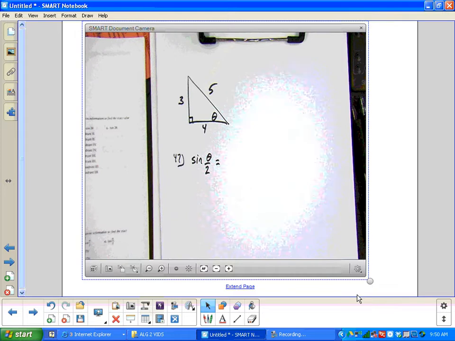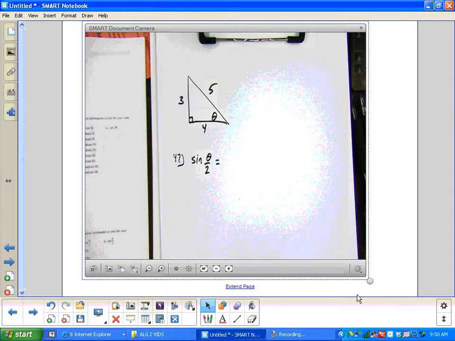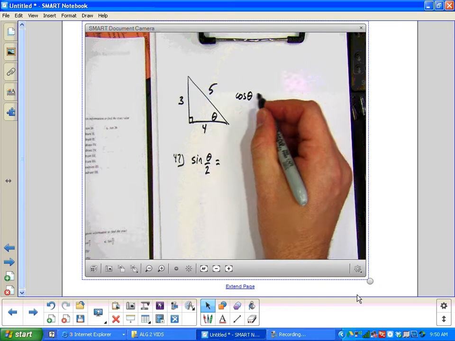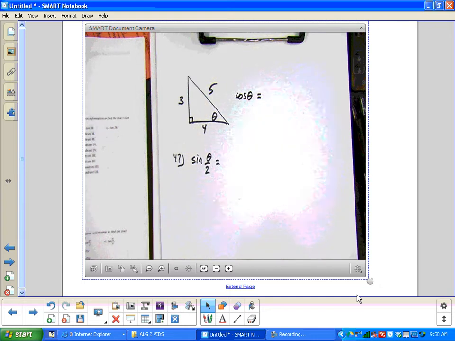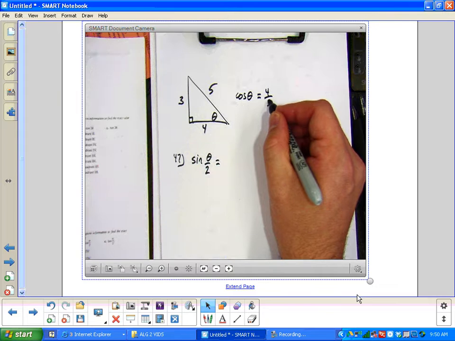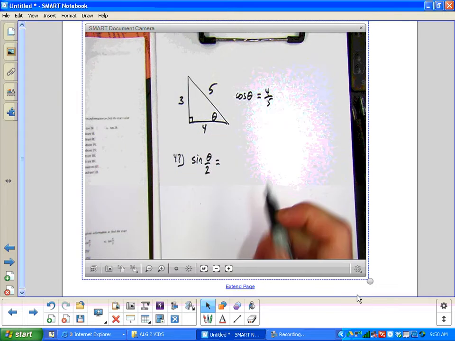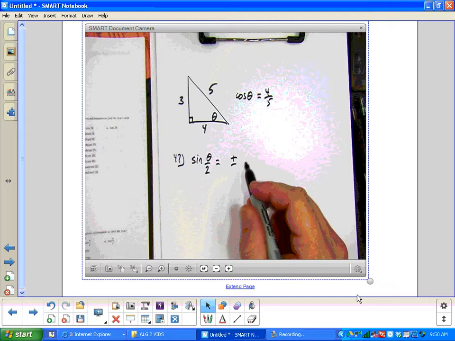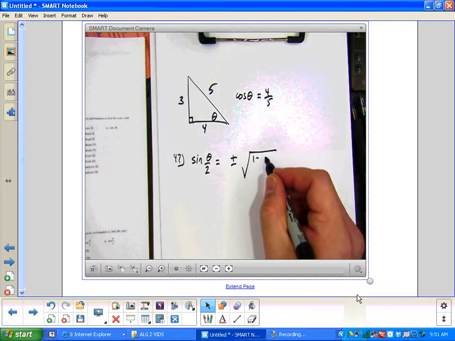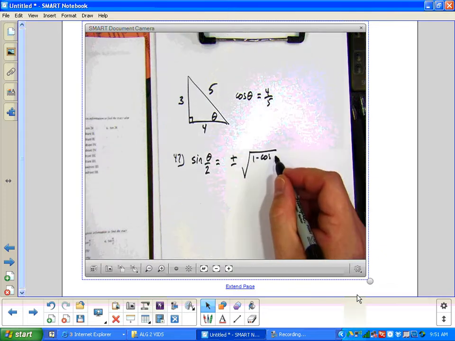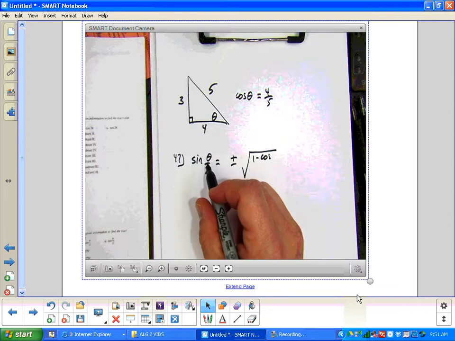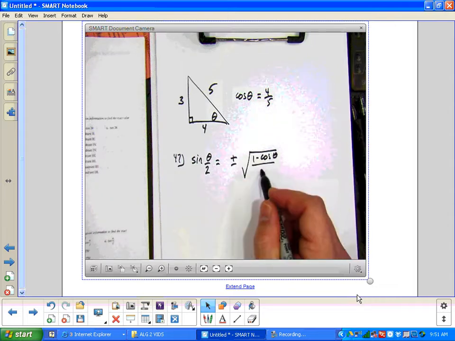What's the thing besides the sine that we really have to find in the half angle formulas? The cosine. So that's what all I'm really going to need off the triangle is what is the cosine. Okay. So what's the cosine of theta up there? Yeah, 4/5. All right. So now let me write down my formula. It's plus or minus the square root of 1 minus, now instead of a, I'm going to say theta because that's my variable this time, over 2.